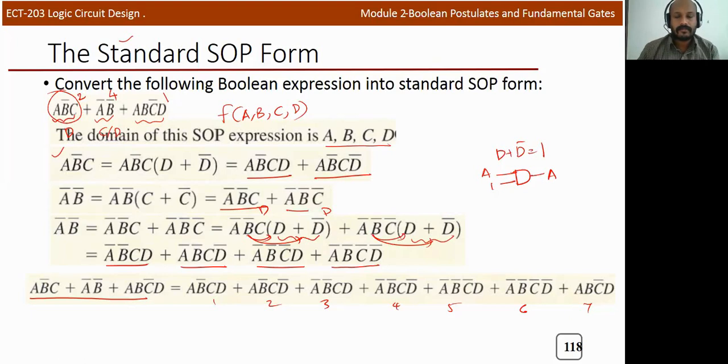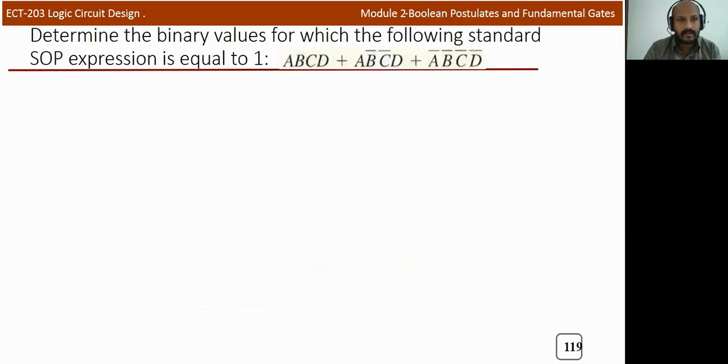Now we'll explain the second one. Determine the binary values for which the following standard SOP expression is equal to 1. When you write any SOP expression, you will always check when the output is equal to 1.